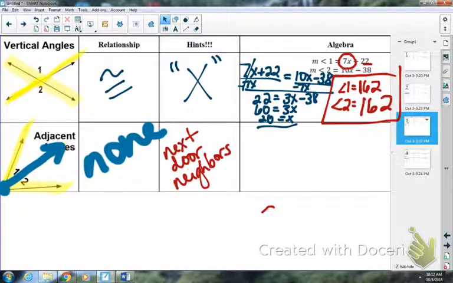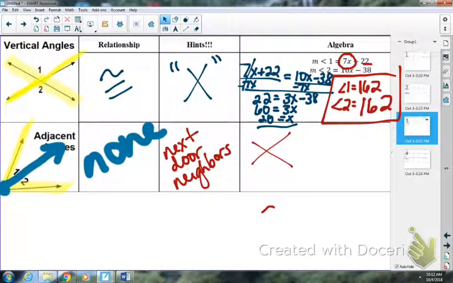This is your notebook, so put down what helps you out. If there's no relationship, am I going to have an equation? Nope. Put a big X in that spot. There's no equation to write because they're not necessarily related. They could be supplementary, they could be congruent, but that's not always the case.